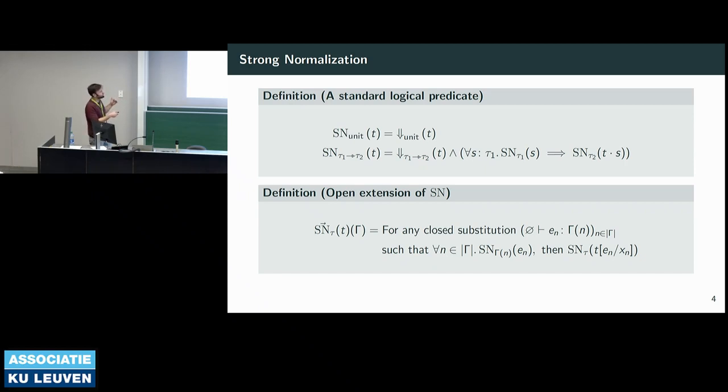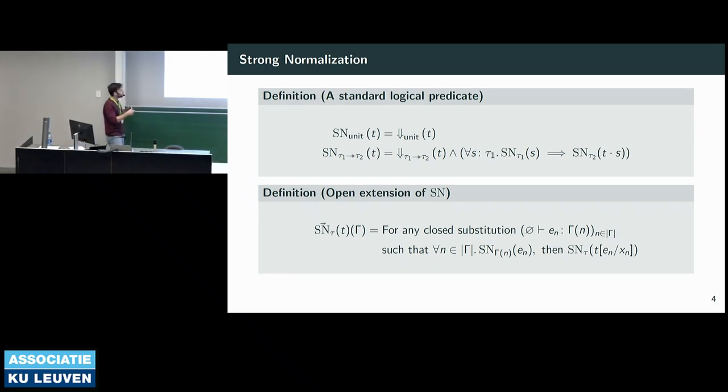This is the type-indexed predicate of termination. And then on function types, you say, okay, the term has to terminate, but also applying it to a term s, which is already in the predicate, is also in the predicate. That's basically the characteristic. And then you do the open extension. It looks like this: for any closed substitution such that every element of the substitution is in the logical predicate, then the result, closing the term, is in the predicate.